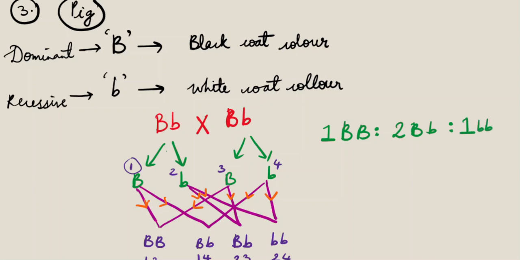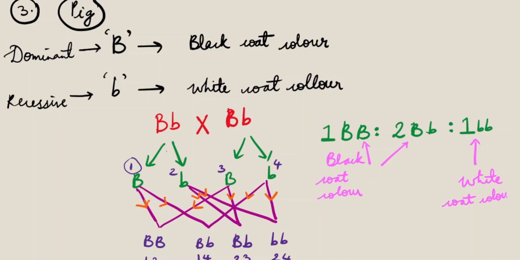Now this capital B is nothing but it will give you black coat color. Again, you have this capital B, small b as black coat color, and this also as black coat color, and you have only one possibility for white coat color.